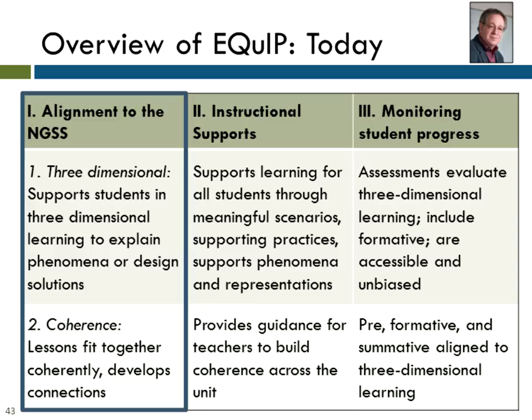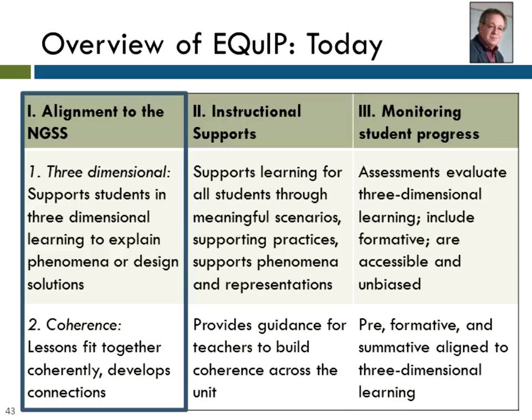In the charts that Brian showed you, the coherence was actually established by kids each time grappling with a question and then building a little bit more of the understanding to answer that question, which moves on to a new question. So the first column deals both with, is there three-dimensional learning and is there coherence? But don't think of it as a checklist.